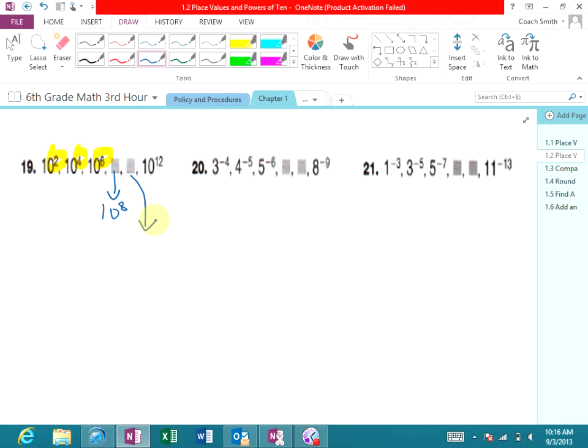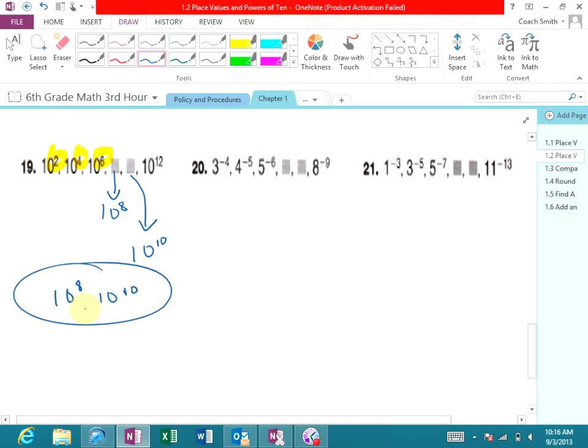What do you think, Noah? 10 to the 10th power. That is correct. Good. So that's 10 to the 8th, 10 to the 10th. Both of them would be the answer. I'm going to write it a little plainer down here without the arrows. Doesn't really change anything. That would be your two answers.